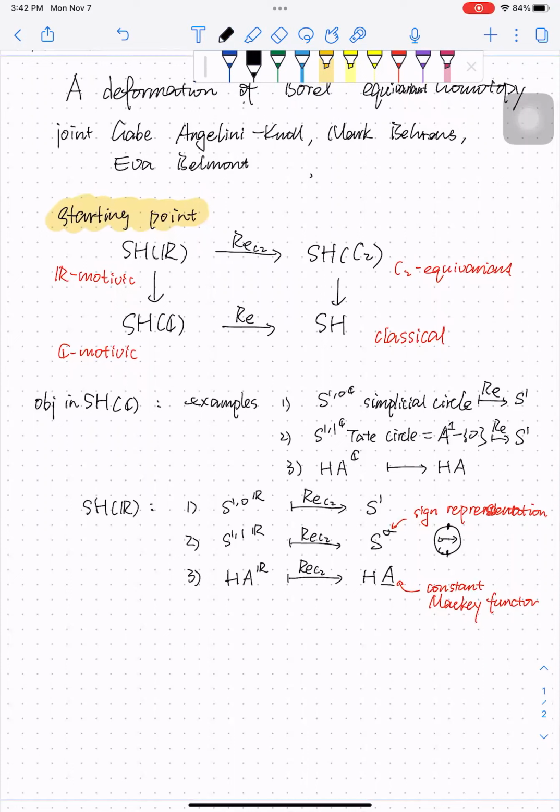It may be helpful to write down their homotopy groups. So let me give an example here.